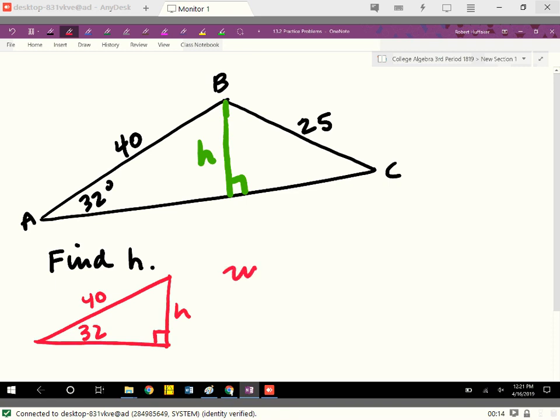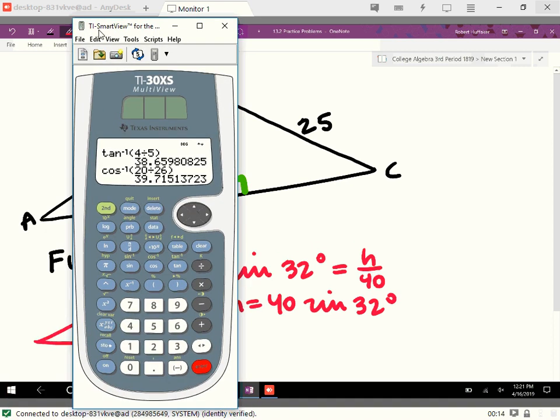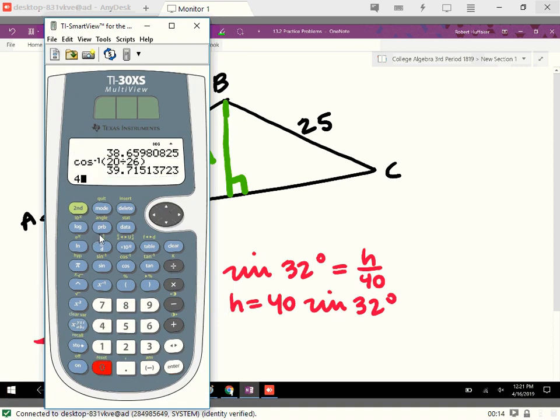Sine of 32 degrees is equal to h divided by 40. So h is 40 times the sine of 32 degrees. That's 40 sine of 32. It's going to be 21.197.